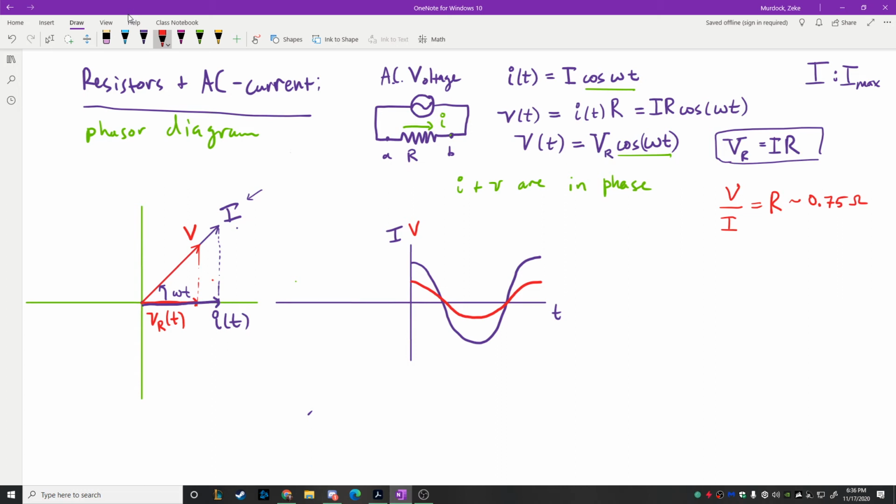Ty, do you have a question that you're typing out? You can't compare V to I. They are in different units, but I mean, you can.